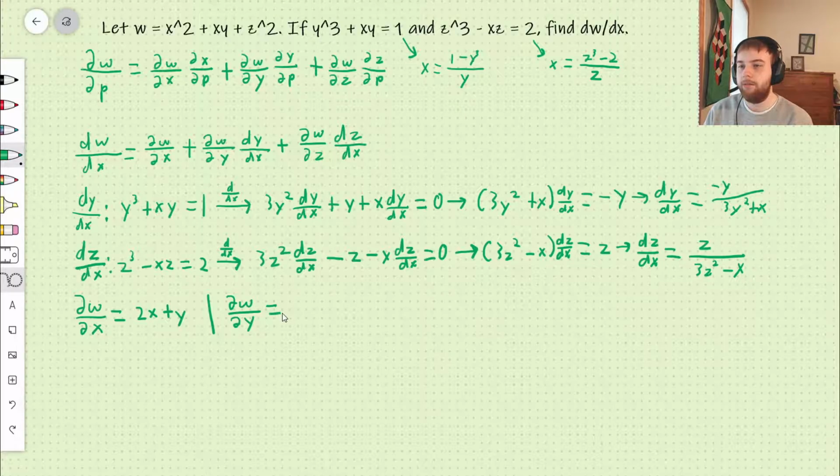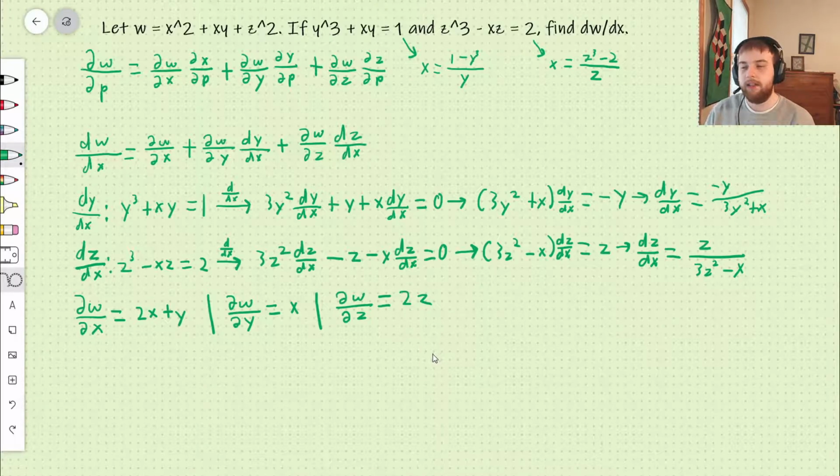If we let y vary and the others stay constant, then the x squared and the z squared drop out, and the xy turns into just an x. And then finally, partial w partial z is the first two terms go to 0, and the last term turns into a 2z.